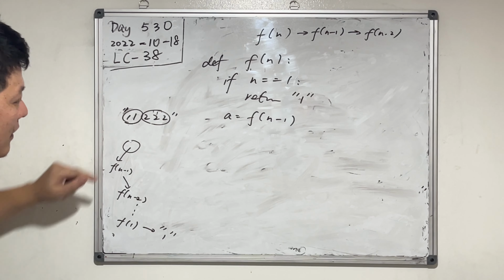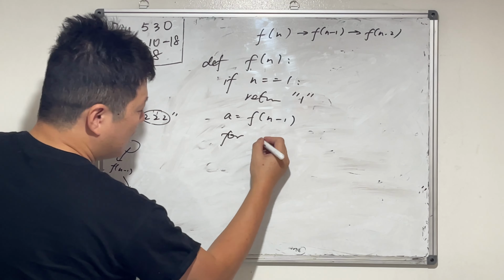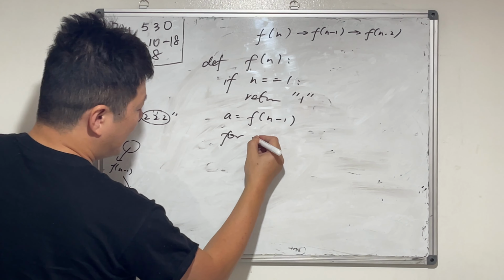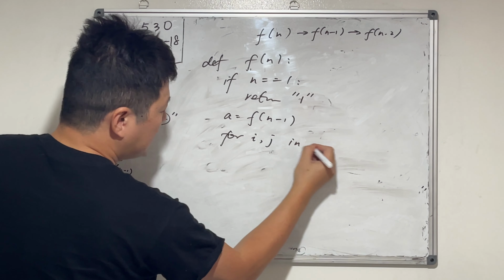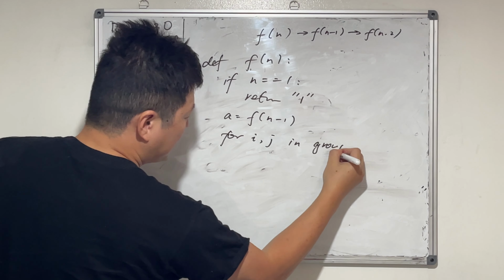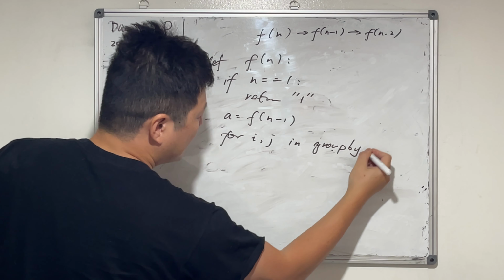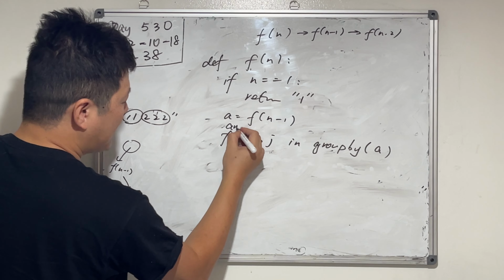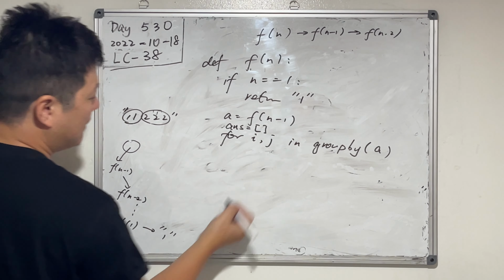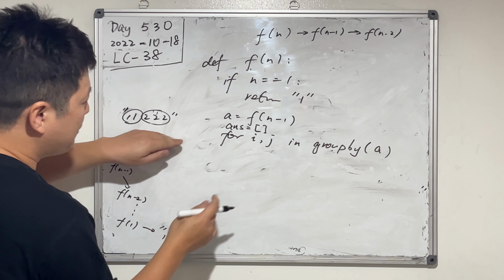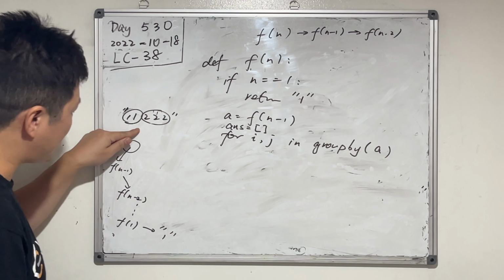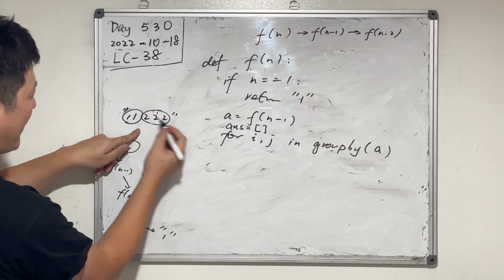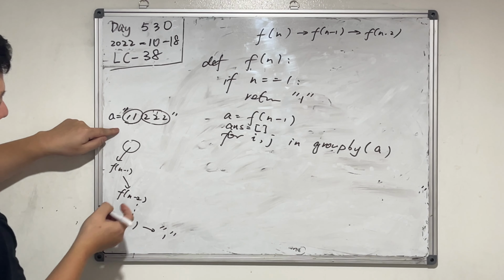Okay? So for i, j in groupby from itertools, groupby a, and before that, we put the answer into a list. If we apply groupby to this, suppose this a is the previous result.